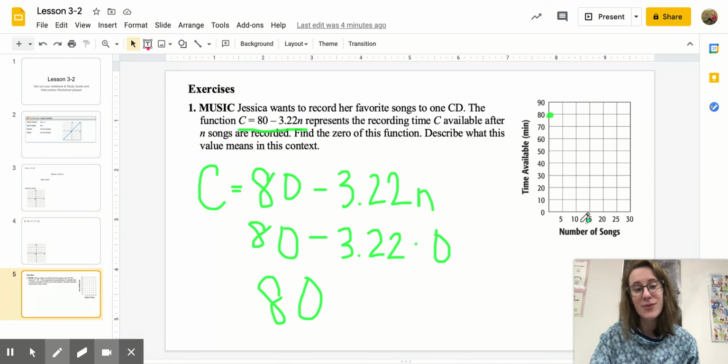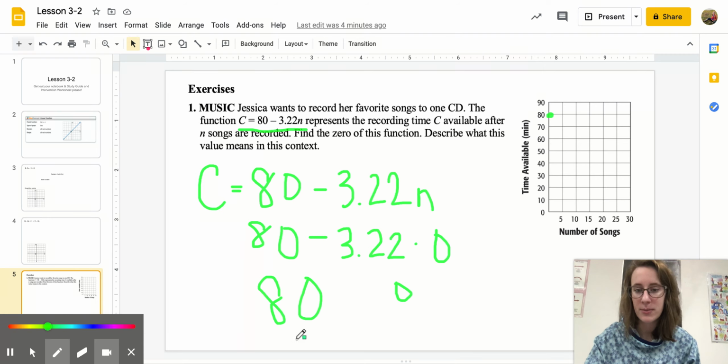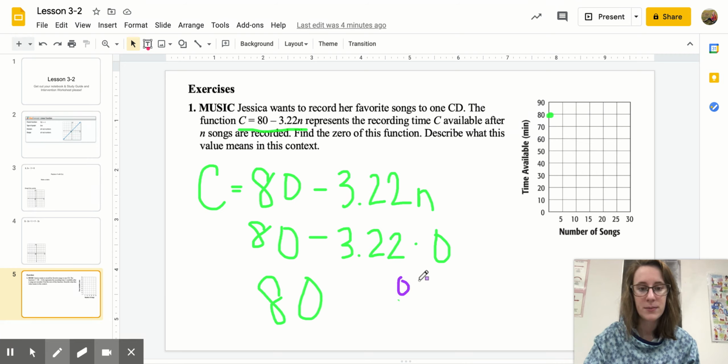If you wanted to find the 0, so the number of songs you can fit on there, you would solve for n. You would put C equal to 0. Maybe I'll do a different color for this just so it's not confusing. You would make C 0, and then you would solve for what it is.